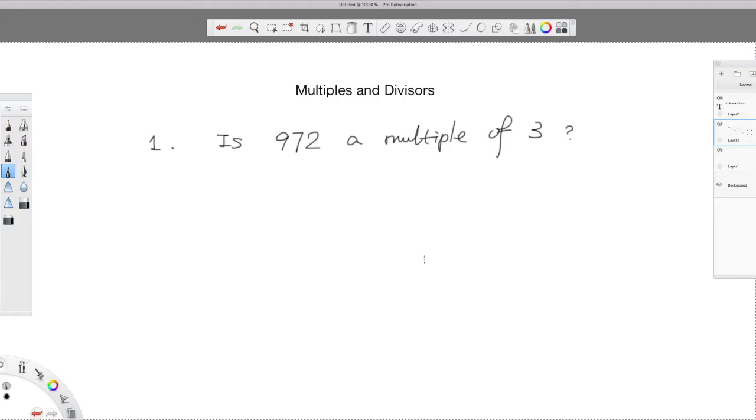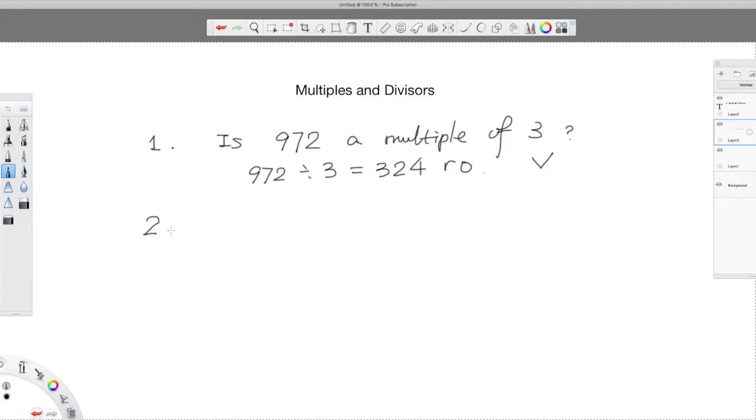For this problem, it's extremely simple, and I'm sure some of you already know the trick of checking whether a number is a multiple of 3 or not. But let's first use the definition of a multiple. It's a multiple of 3 if and only if when I divide it, the remainder is 0. And if we divide it, it's 3, 2, 4, and the remainder 0. Okay, so it is a multiple of 3.